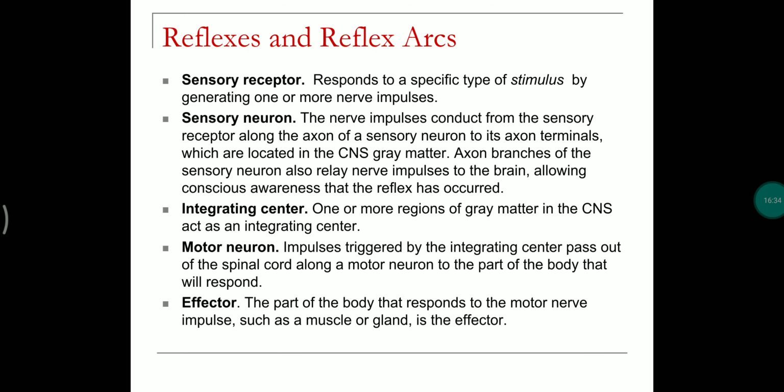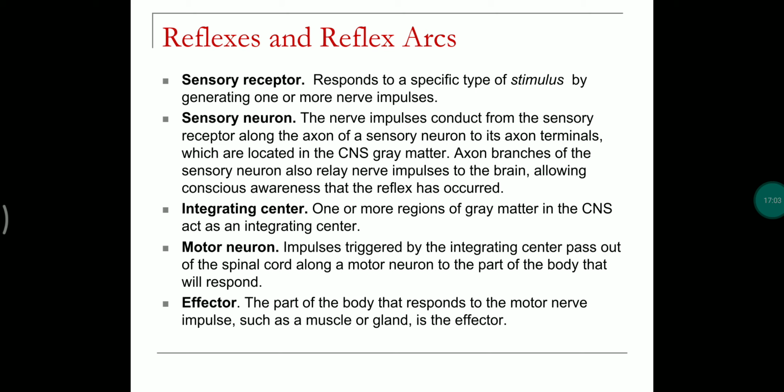So, the components of a reflex arc. The reflex arc consists of a sensory receptor, from which sensory stimuli are received by the nerves and transmitted into the spinal cord. The sensory neuron is the one which carries the sensory impulses from sensory receptors to the spinal cord and brain.